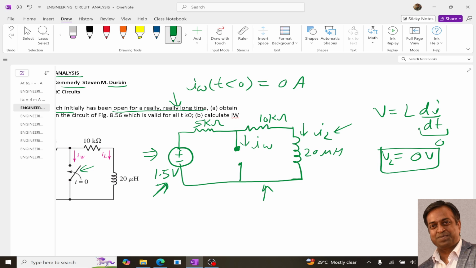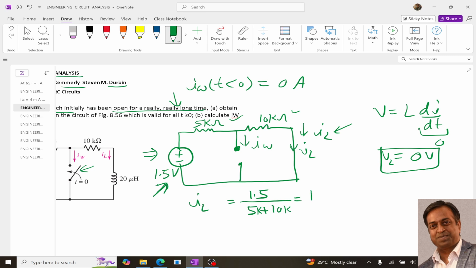This means there is no voltage drop across the inductor, so the inductor can be replaced with a short circuit. We can simply remove it and replace it with a short circuit. Now the current flowing through this is IL. For this arrangement we have simply 5 kilo ohm and 10 kilo ohm, so IL is 1.5 volt divided by the total resistance, and remember it is in kilo ohms.